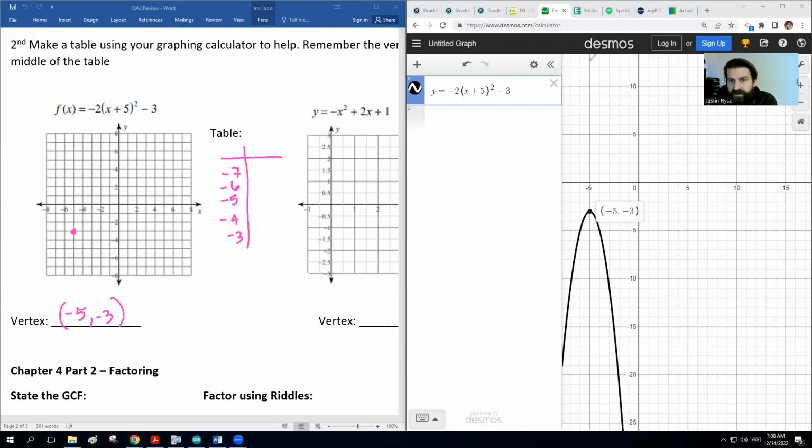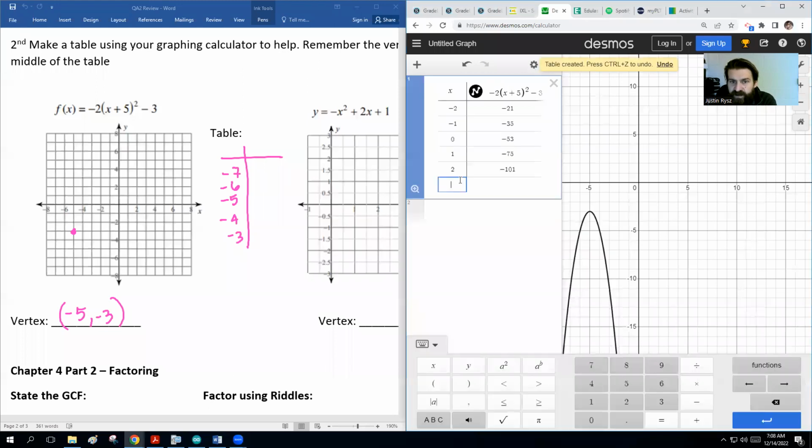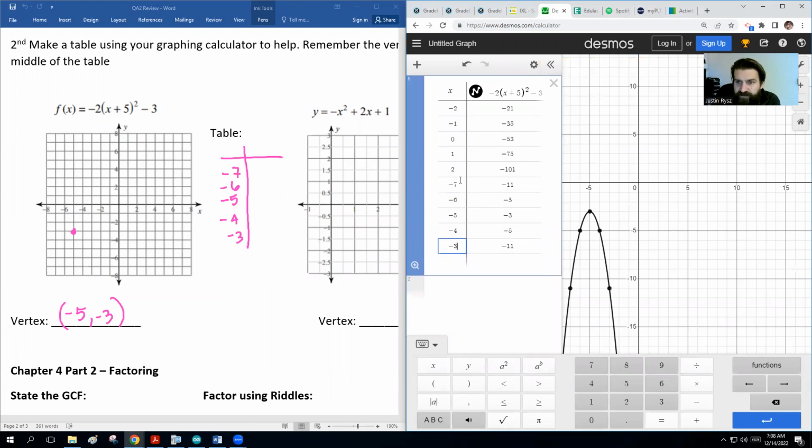And then you either plug those numbers in on your own, or using a graphing calculator like Desmos, you can convert to the table, and you're just going to type those numbers in. Negative 7, negative 6, negative 5, negative 4, negative 3. And you should see a pattern here. Okay, if you pick the right numbers, you got the correct vertex.